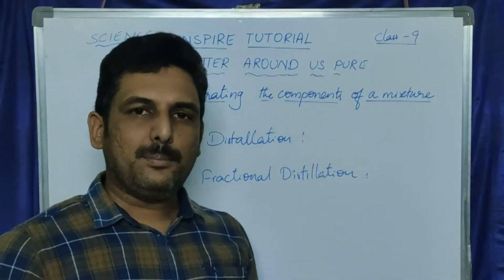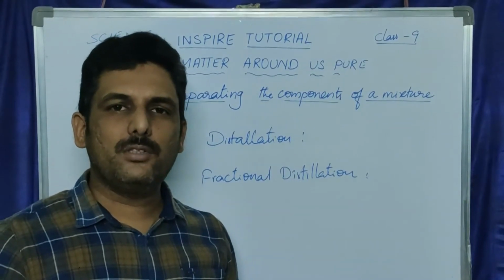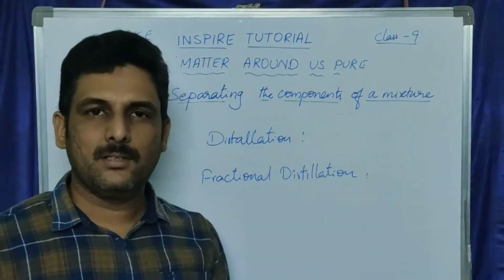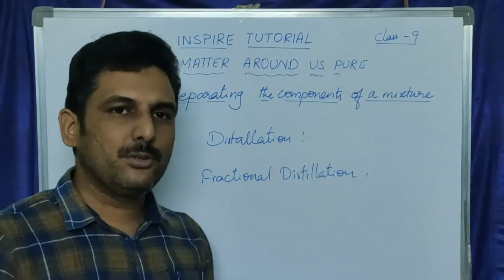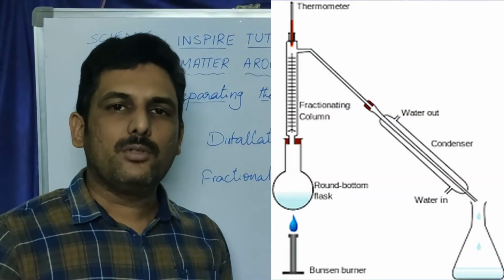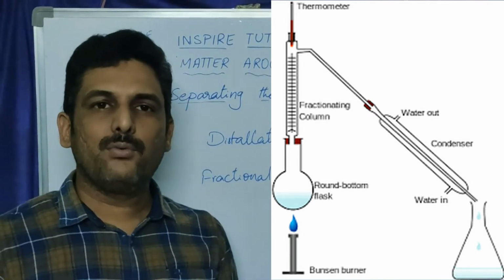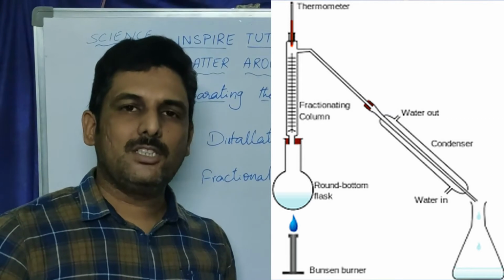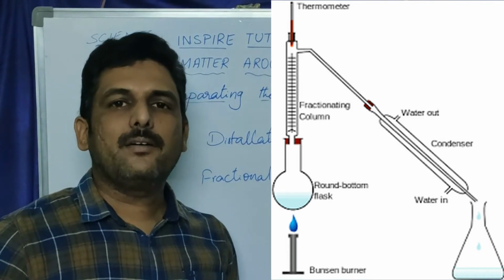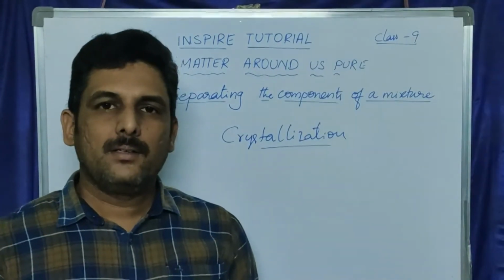And to separate the components of a mixture containing more than two liquids, we go for fractional distillation. So this method is used to separate the components of a mixture containing more than two liquids. This method is suitable for those mixtures containing liquids which differ in their boiling points by less than 25 degrees Celsius.